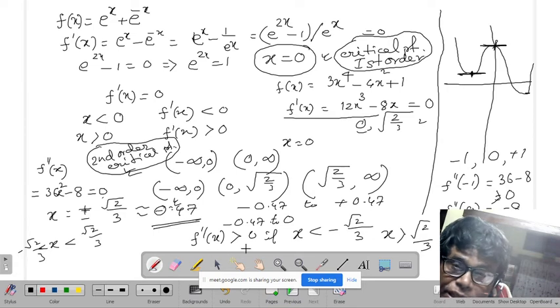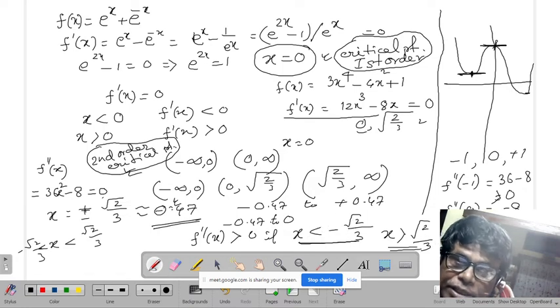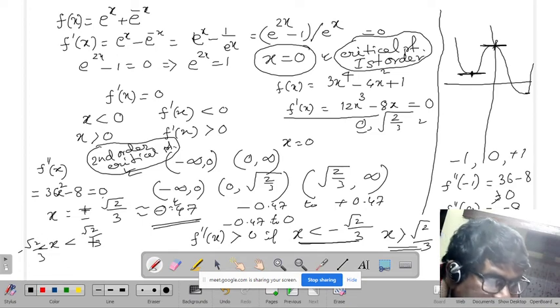The second derivative is increasing if x lies here, less than this region and greater than this region. But here the second derivative is decreasing.